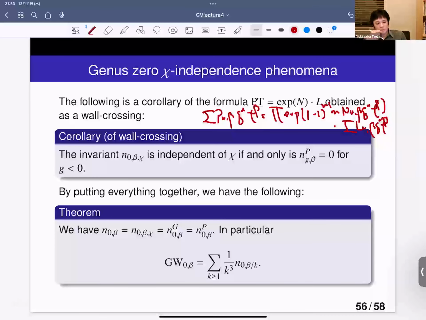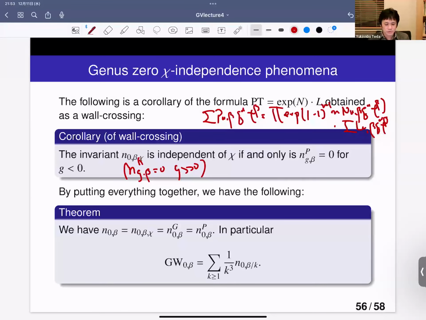And comparing with the Gopakumar-Vafa formula, one can see that this N_{0,β,χ} is independent of χ if and only if we have the vanishing of the negative genus part of P. As I said, this is known to be true because of the vanishing of the Gopakumar-Vafa invariants from the Gromov-Witten invariants, and also the Gromov-Witten/PT correspondence.